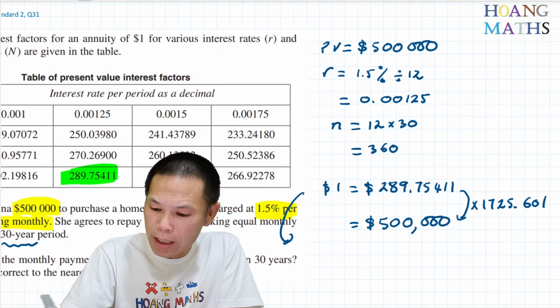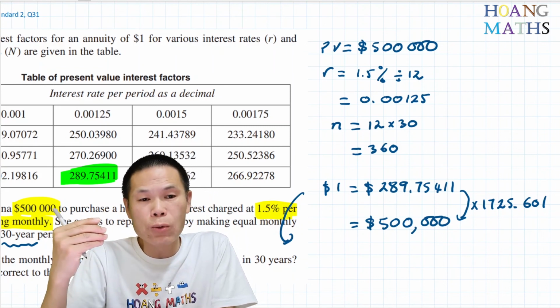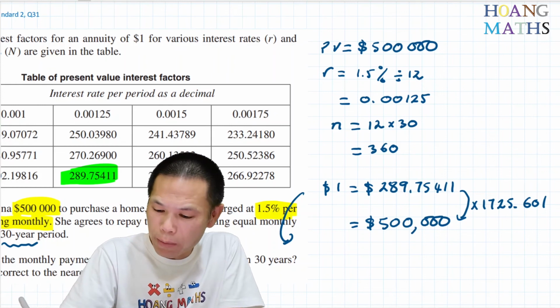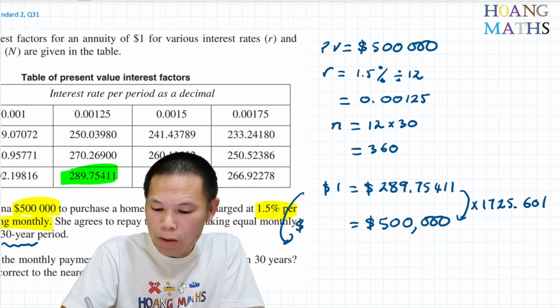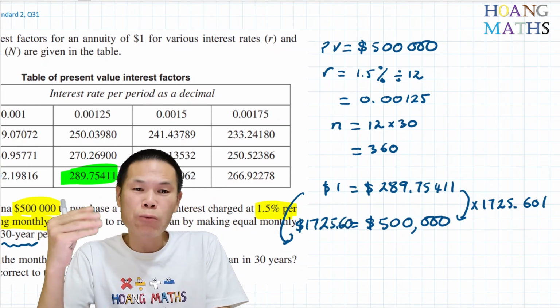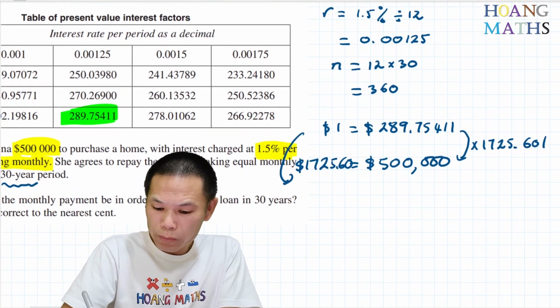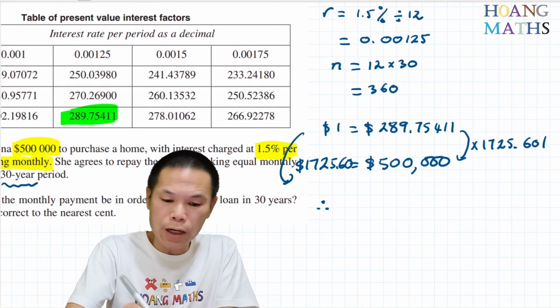So we times by 1725.601 and so on. Okay, so they give me the same amount. So that is 1725.60. That will do. And because with money, we just round to 2 decimal places. So therefore, that is her regular payment.